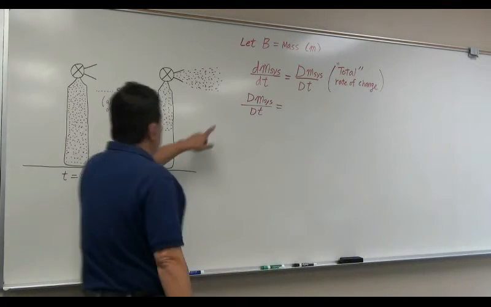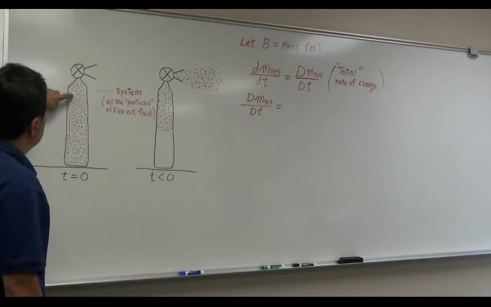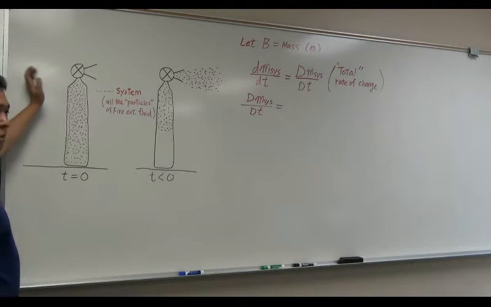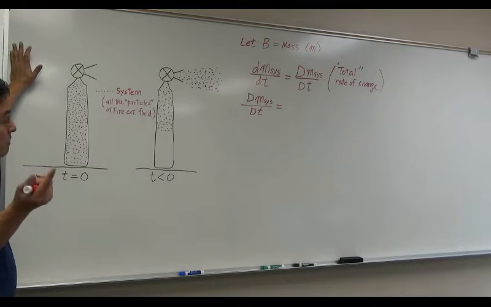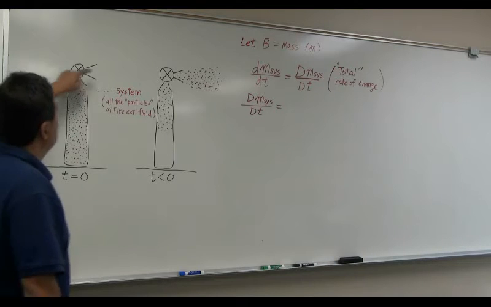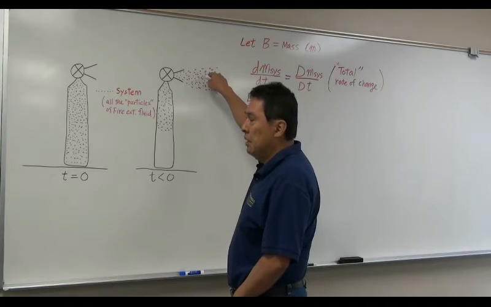So now the property we are talking about is mass. Let's see, this is a small tiny particle of fire extinguisher fluid. This particle's mass is, I don't know, 0.00001 gram or something. This one moved out to here. What is the mass of that particle?